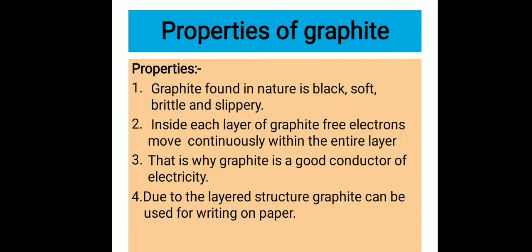Graphite is a non-metal. Non-metals are bad conductors of heat and electricity, but graphite is an exceptional case. So, due to free electrons, graphite is a good conductor of electricity. Remember it. Fourth property is, due to the layered structure, graphite can be used for writing on paper.